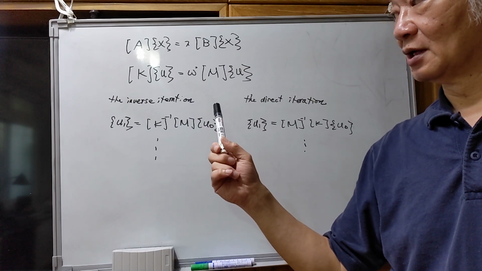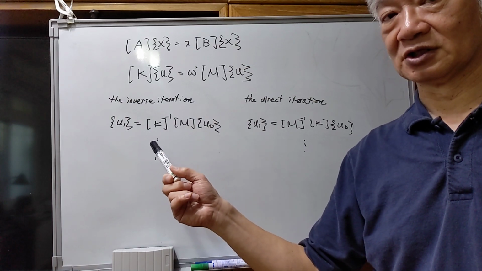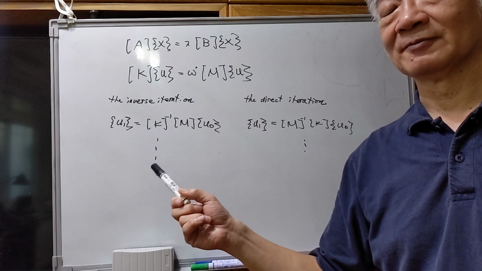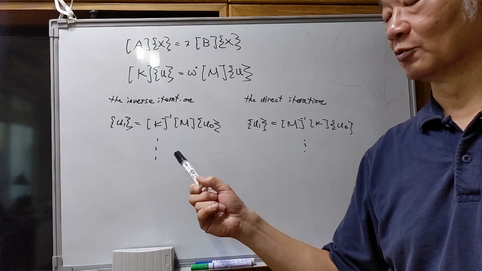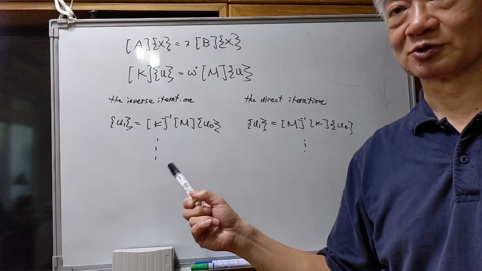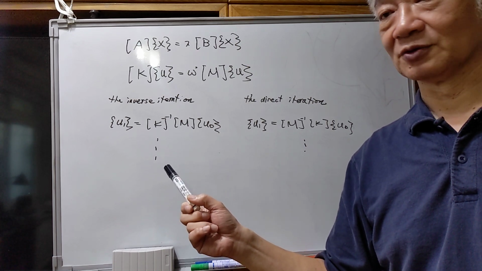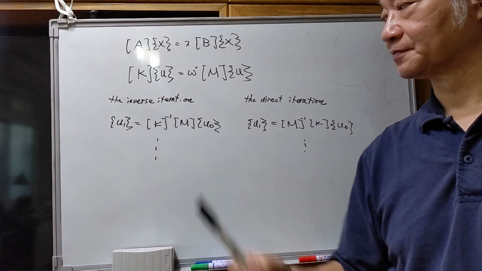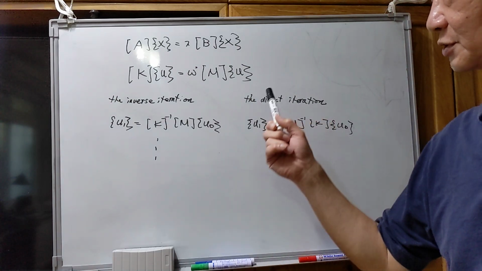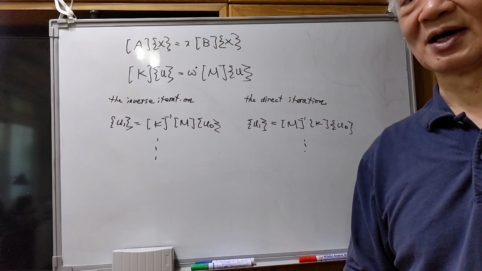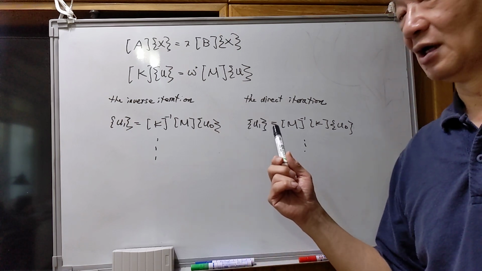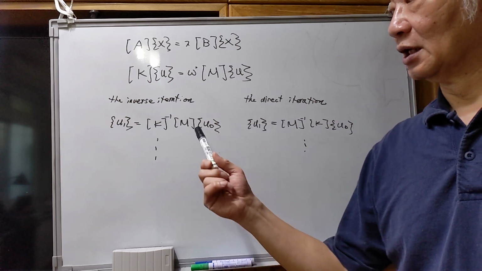Since if we use the inverse iteration method, we will get the eigenvector and the eigenvalue with the minimum absolute eigenvalue. But if we use the direct iteration method, we will get the maximum absolute eigenvalue.